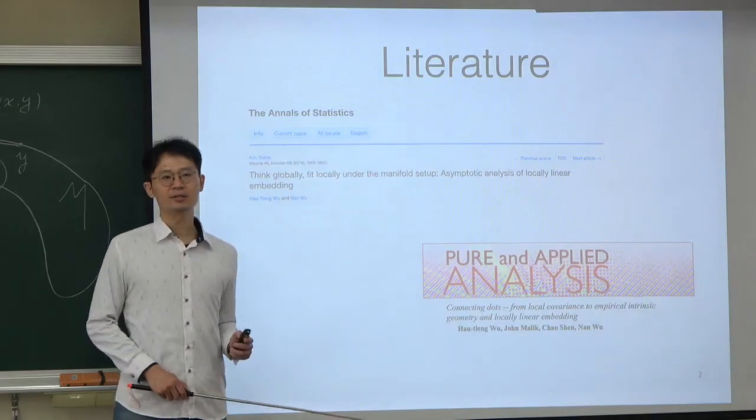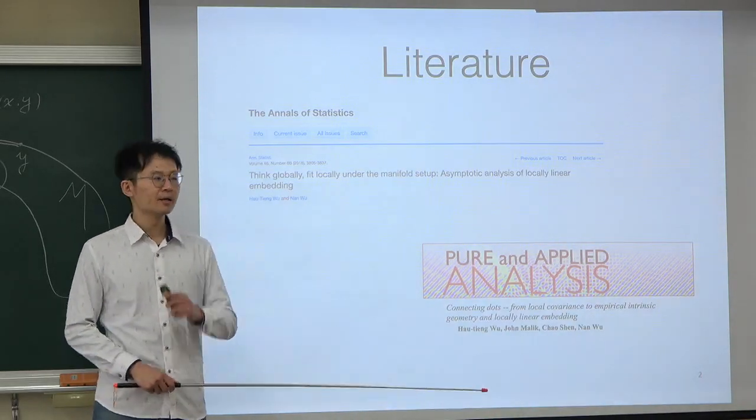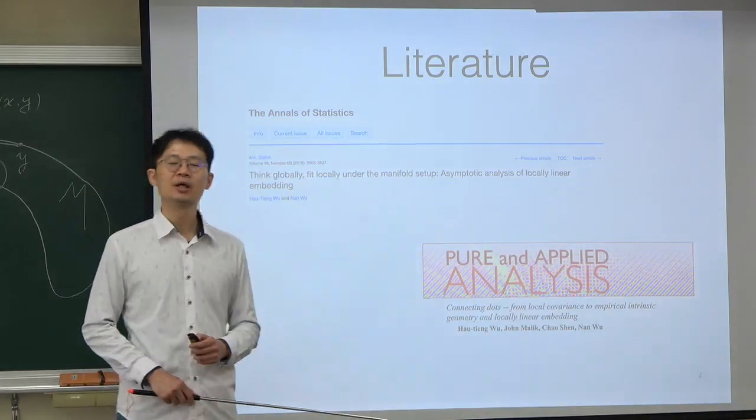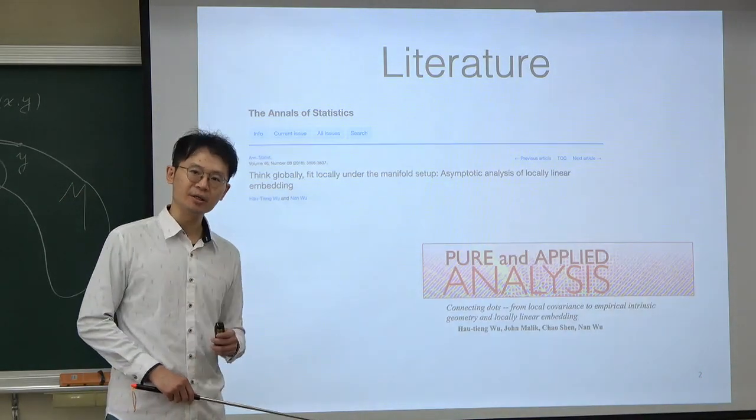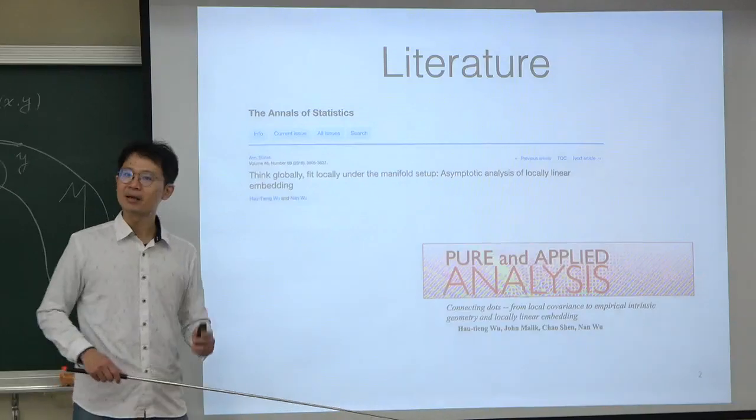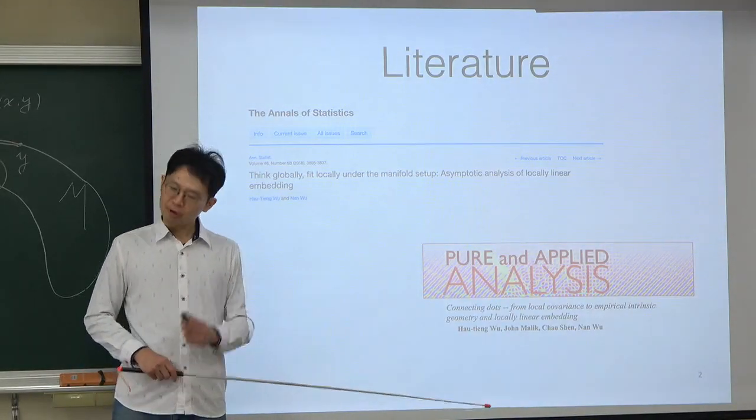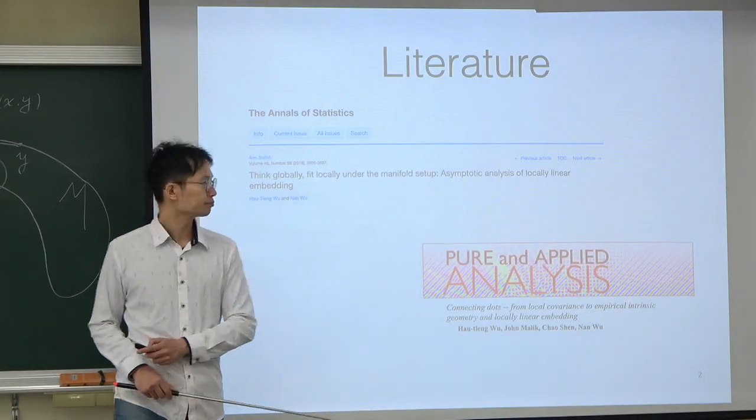And we will understand what it means by manifold learning when you use locally linear embedding. And really, can we get the manifold back? Or if we can get it back, in what sense?